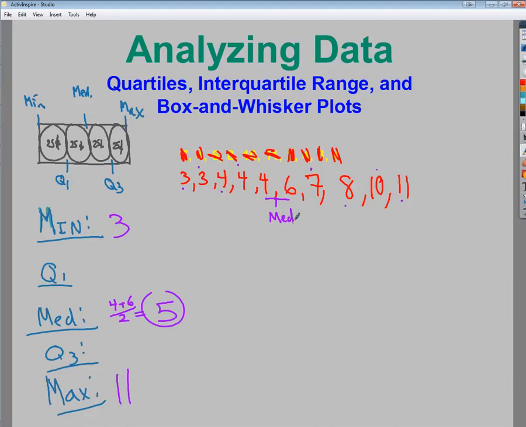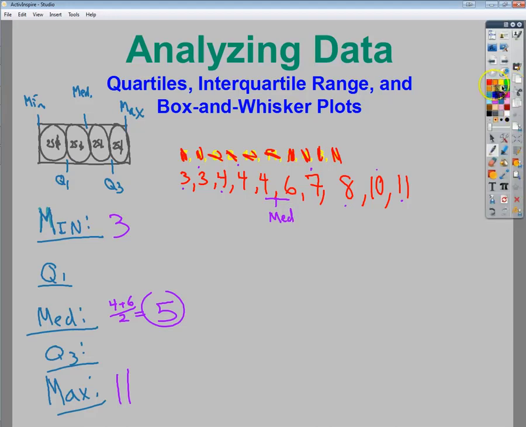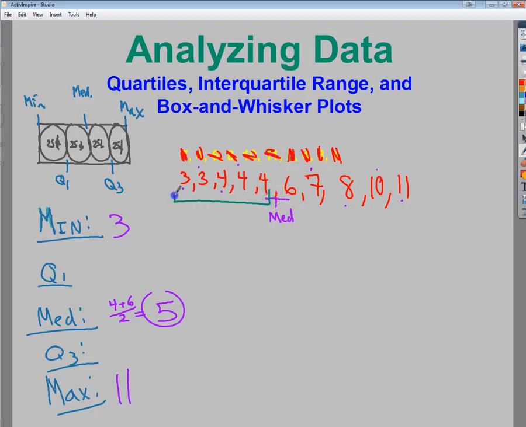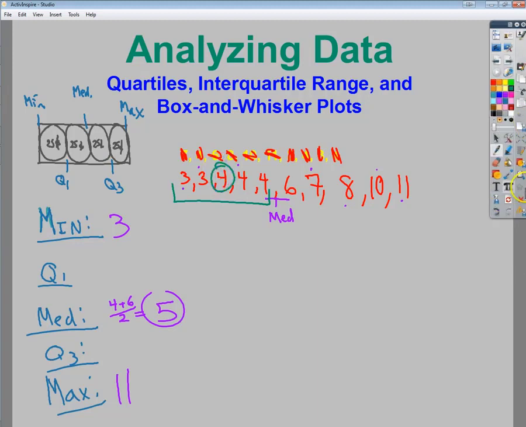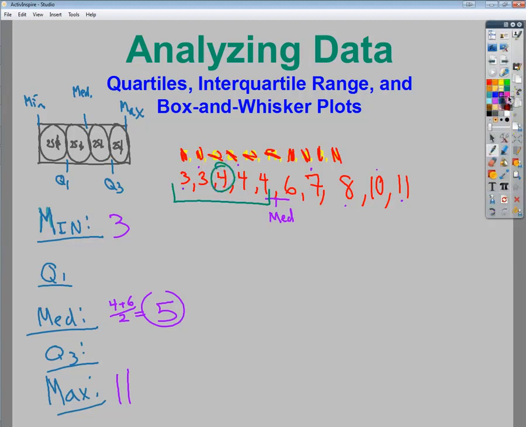To get Q1, I need to look just at this set of data right here. I need to find the median value there, which is right here. So the Q1 value, and by the way, if I had 2 in the middle there, I would do the average of those two. So say it had been 3 and 4 together, then 3.5 would be the median, or the Q1.